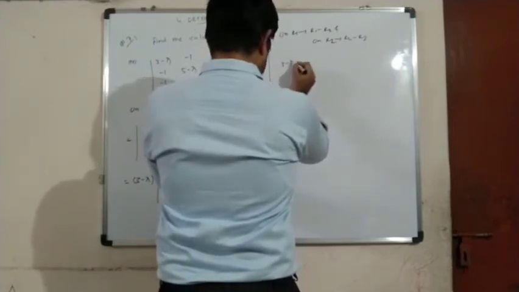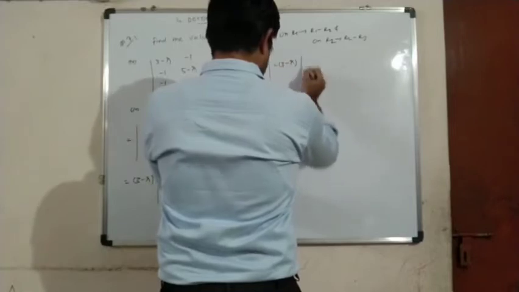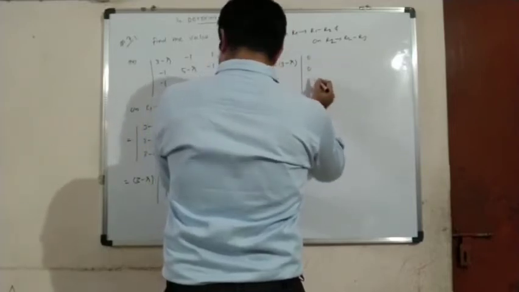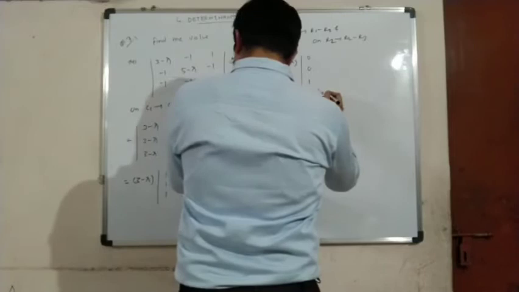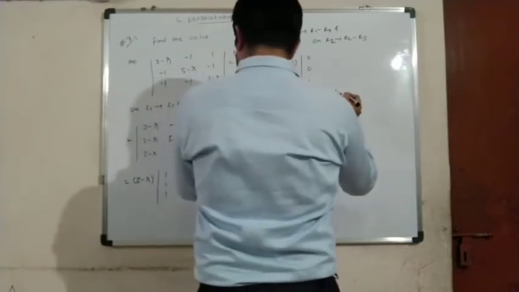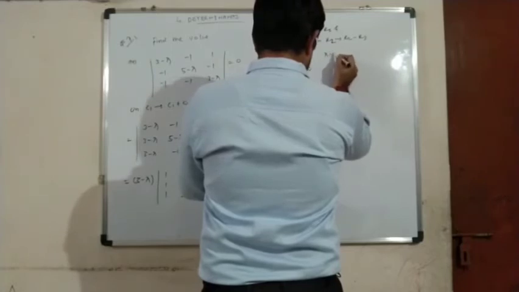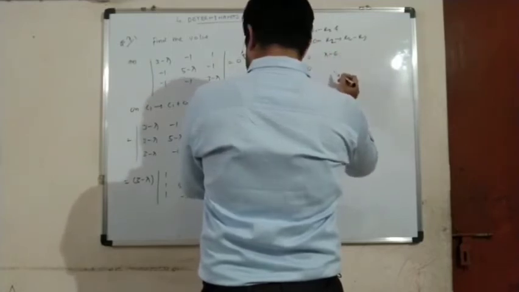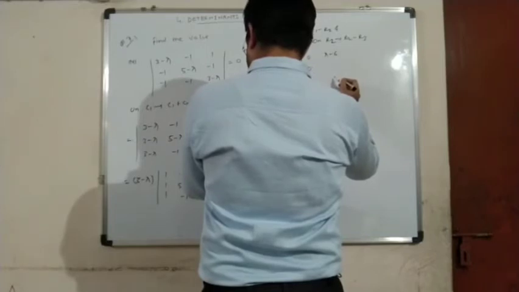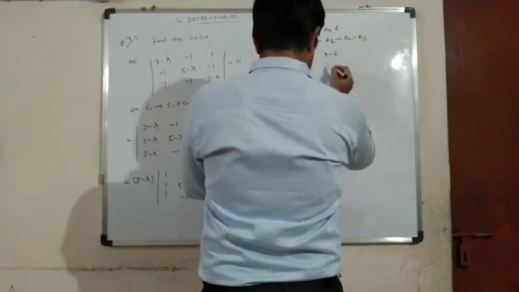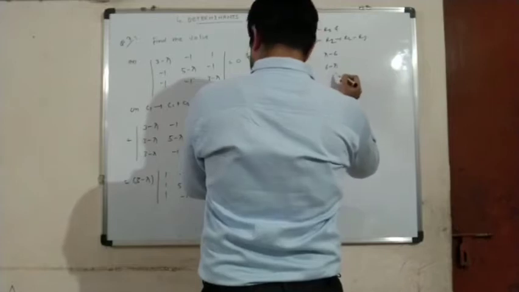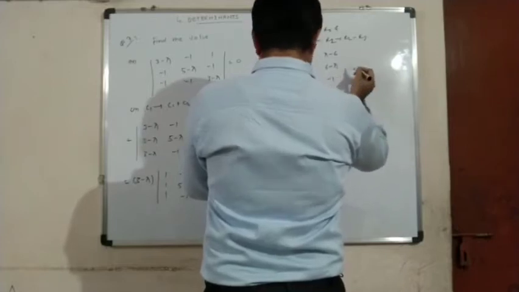Okay, we have outside 3 minus lambda and the first column 0, 0, 1. Minus 1 minus 5 is minus 6, so lambda minus 6. Then 5 plus 1 is 6, so 6 minus lambda, and minus 1.